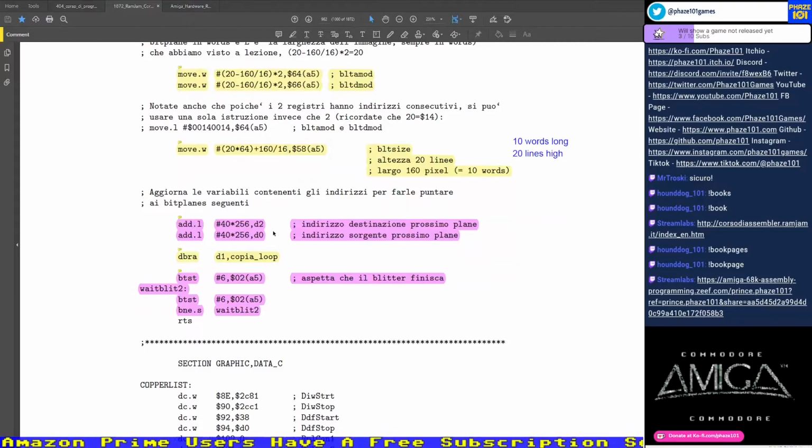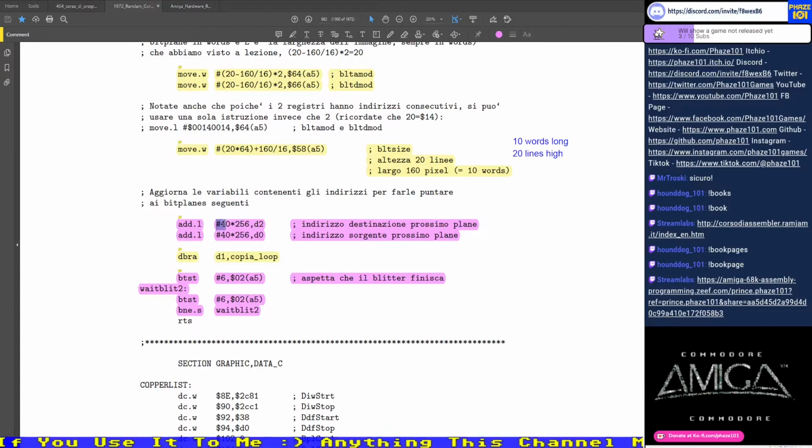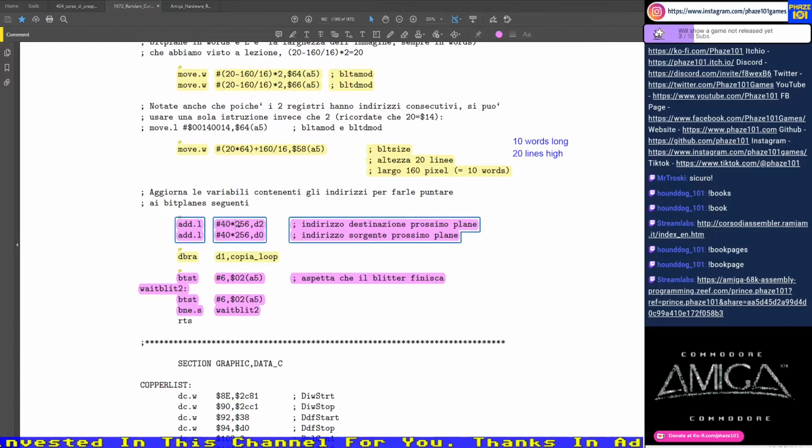Once we've done that, we add the blit plane size. As you can see, this is all the fuss about those formulas that he was showing. It is 40 times 256. Why 40? We have 320 pixels, divided by 8 is 40, and then the height is 256.